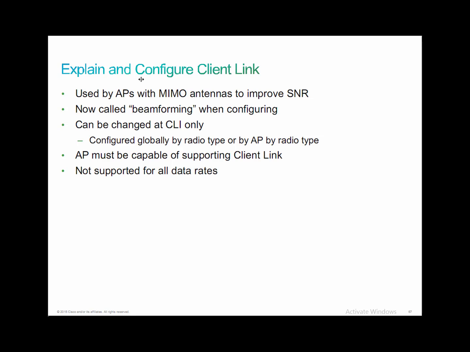Client link, and I'm just going to focus primarily on version 3.0 because that's what most modern AirOS operating systems will run, is a beamforming technology that's going to enable the access point to optimize the signal level at the position of where the client is placed. The whole goal is to improve my signal to noise ratio and reduce the number of retries, get higher data rates, and so on.